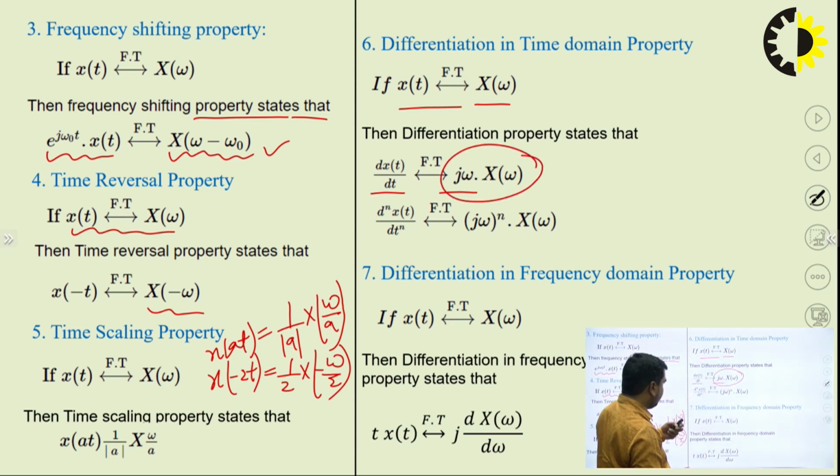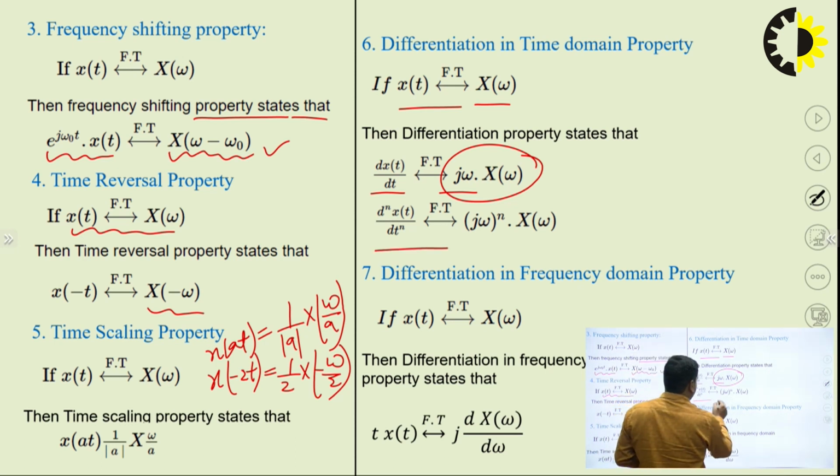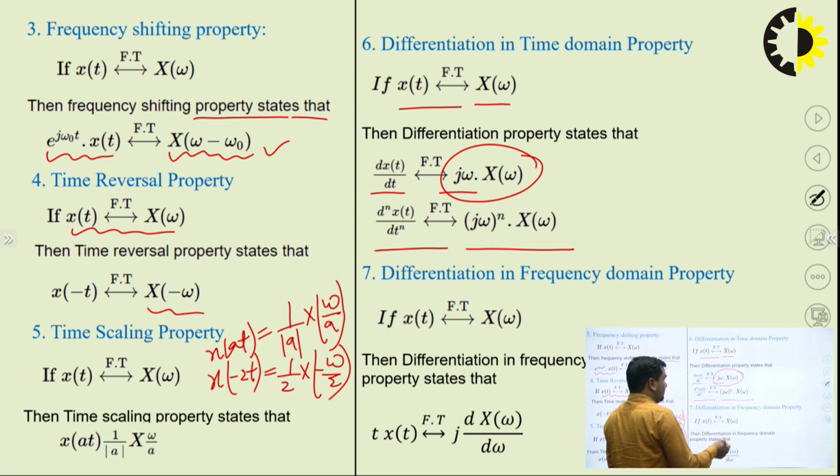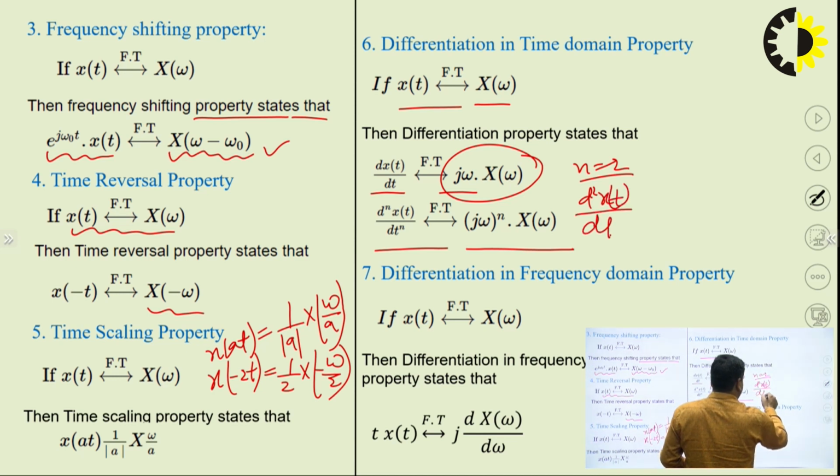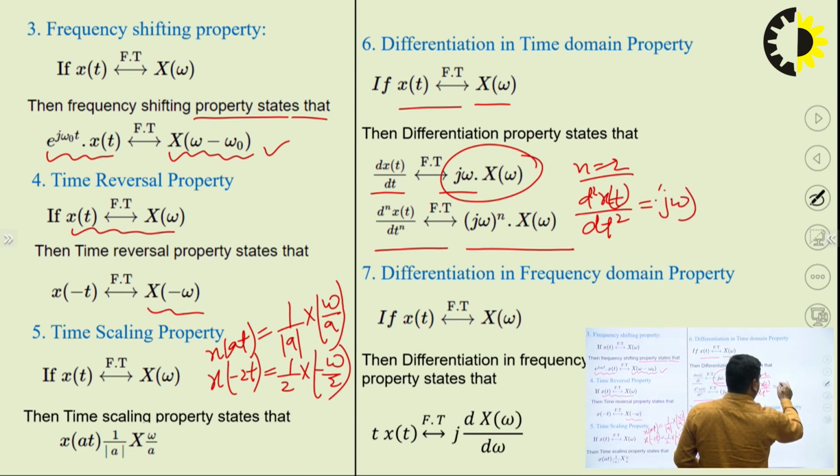Okay, and if we are having multiple derivatives of that particular function, then d^n x(t)/dt^n has the Fourier transform (j omega)^n X(omega). Let n equal 2, then d^2 x(t)/dt^2 becomes (j omega)^2 X(omega), and what is the value of j^2?